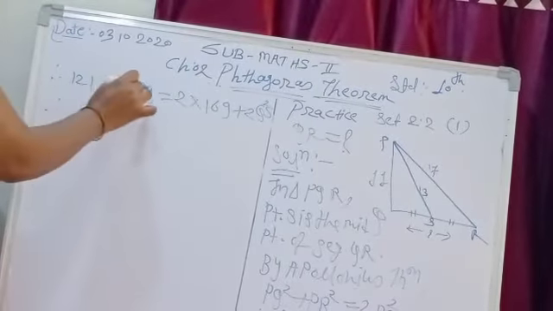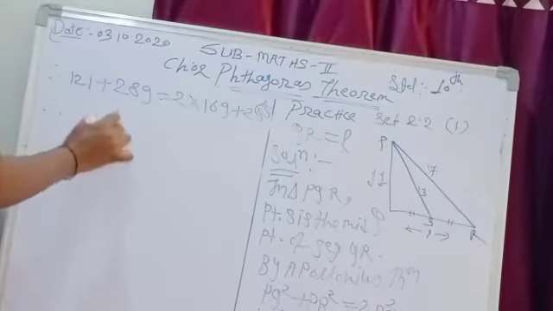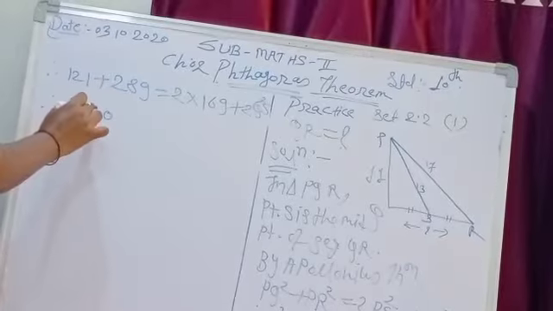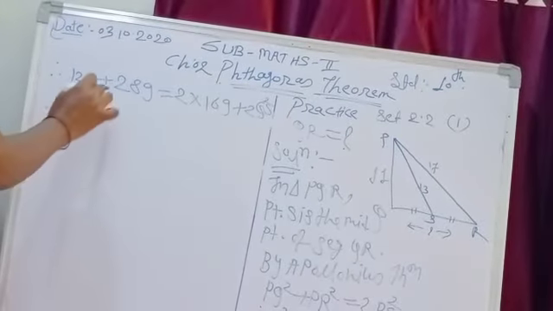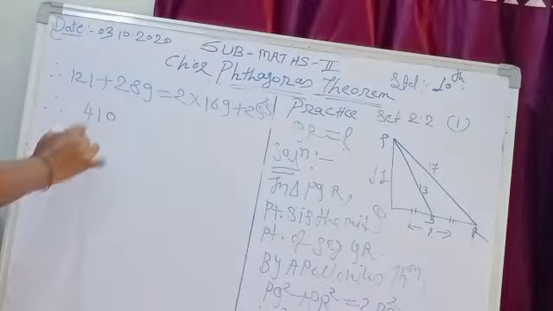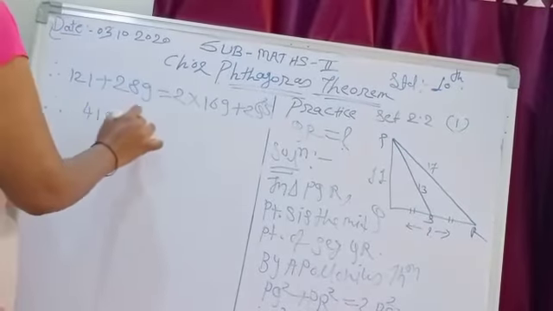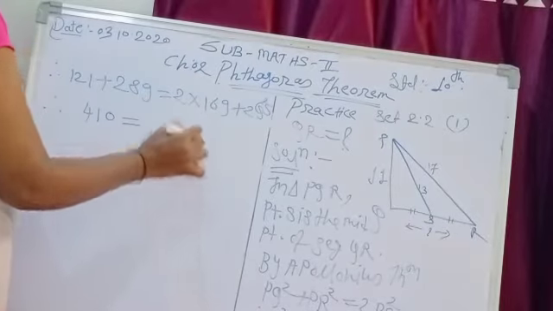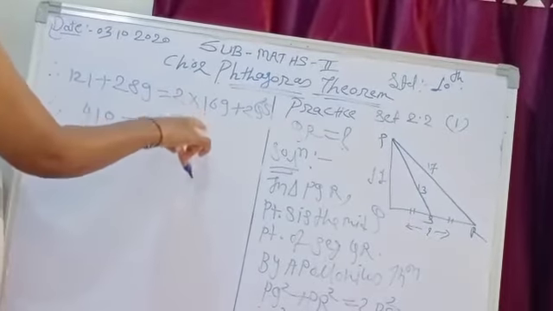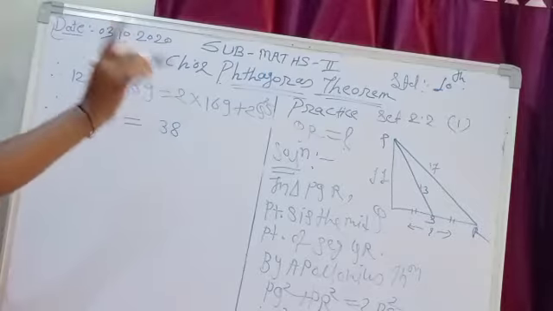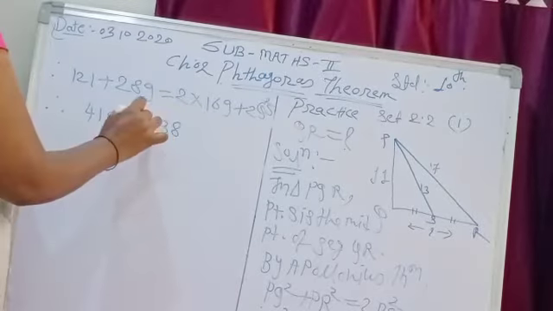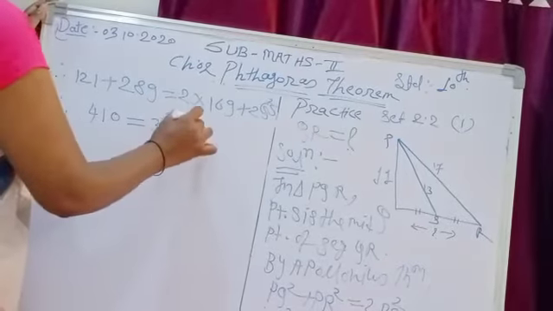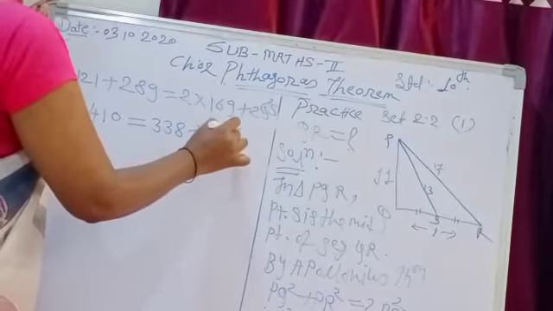121 plus 289: 9 plus 1 is 10, carry 1, 2 plus 8 is 10, 10 plus 1 is 11, again carry 1, 2 plus 1 is 3, 3 plus 1 is 4, so 410 is equal to 2 into 169, which is 338, plus 2 QS square.